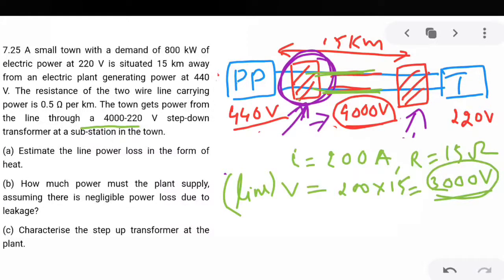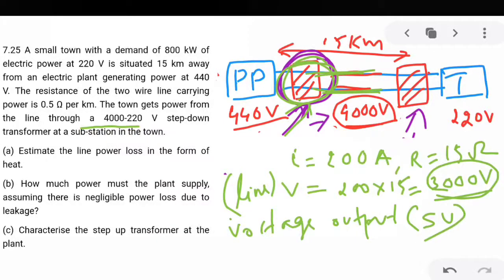So the voltage output of the step up transformer will be 4000 plus 3000 volt, so that is equal to 7000 volt.